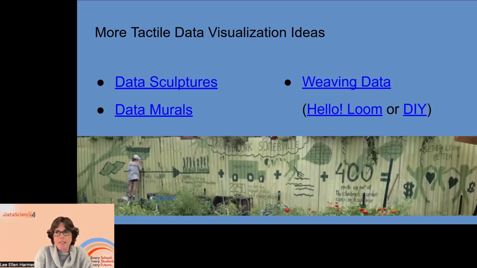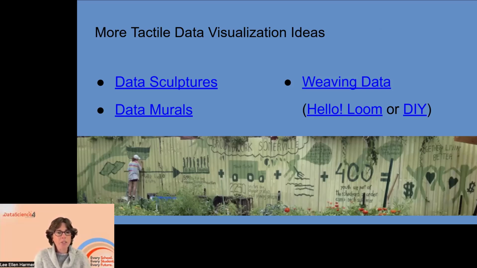So for instance, if you were working on a data visualization with them about the color distribution of Skittles, for example, then perhaps you create a loom and you weave the data about that color distribution. So if you're interested in weaving with cardboard looms, they can be purchased at Hello Looms, or you can make your own out of cardboard via the link that is provided.